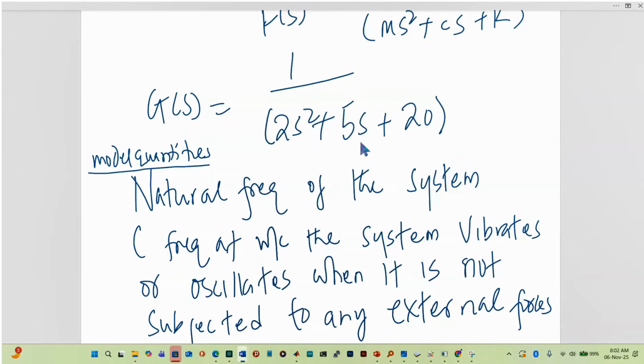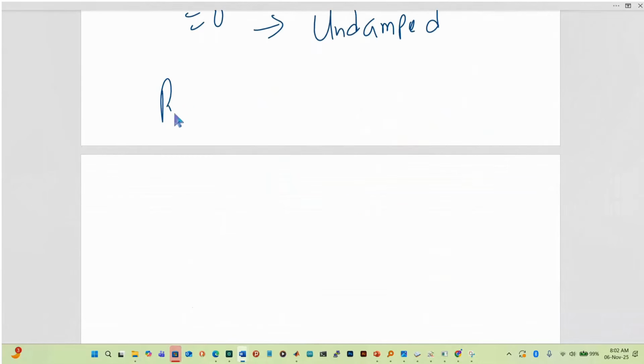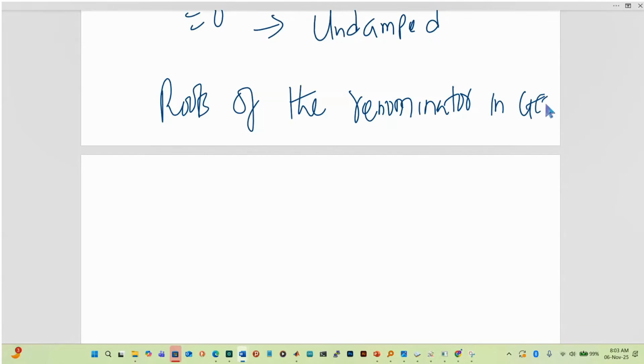Now let's look for the roots of the denominator in G of s. So we have 2s squared plus 5s plus 20.